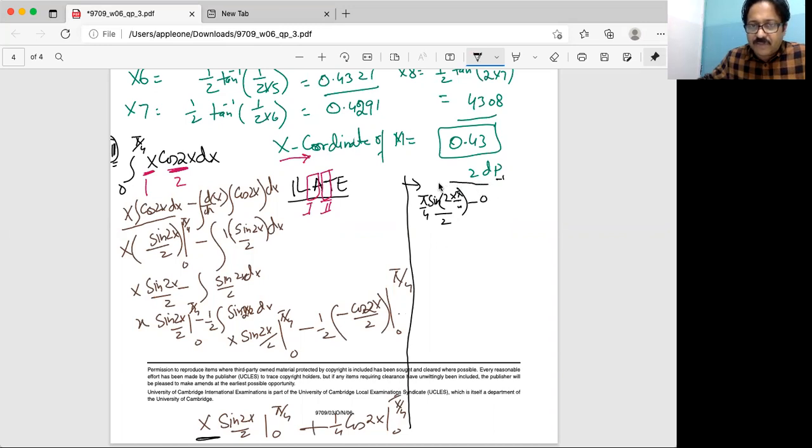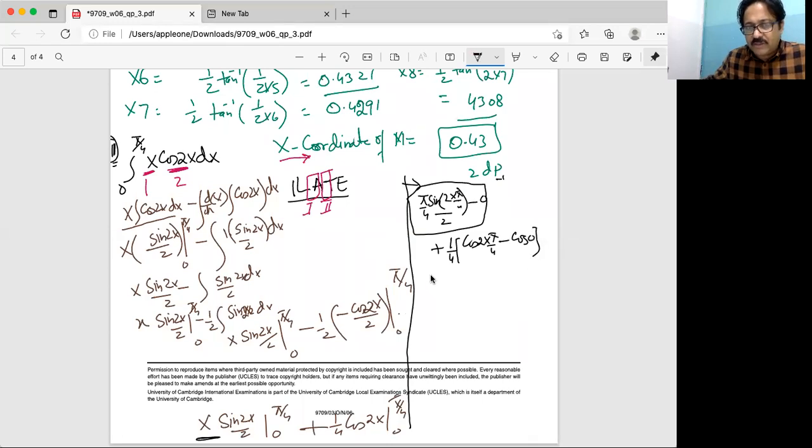So this is the first part. The second part is plus, look, 1 over 4 times cos of 2 into pi over 4, minus cos 0.